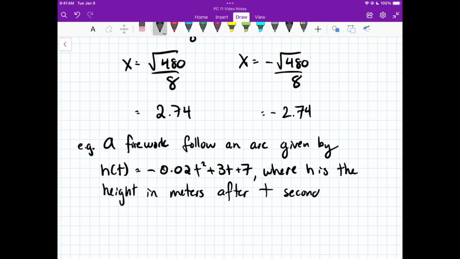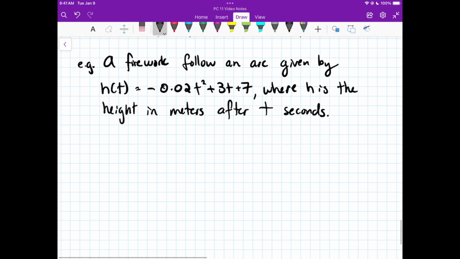And the thing about the quadratic formula is, since it is so brainless, you are going to run into cases a lot where you have to deal with a lot of decimals, because you don't have to do a whole lot of work with them, you just have to calculate them. The first thing I'm going to ask you is, how long did it take for the firework to be 5 meters in the air?